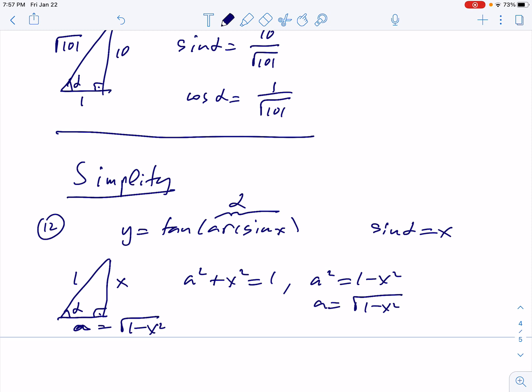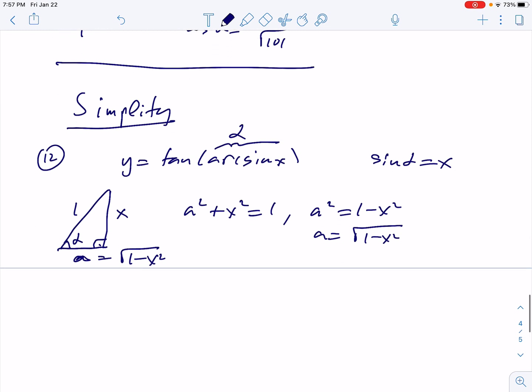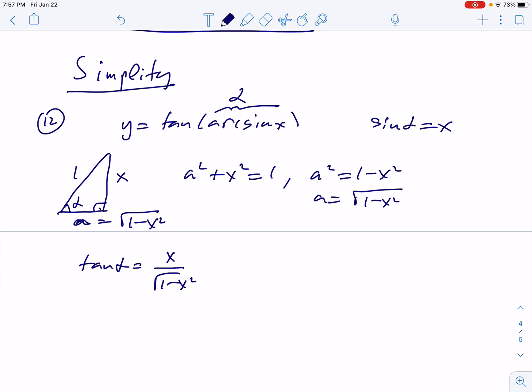And now, knowing the three sides, I can compute tangent, cosine, whatever. And tangent alpha will be opposite to adjacent, x over root of 1 minus x squared. So that's our answer. Tangent of arc sine x equals x over root 1 minus x squared.